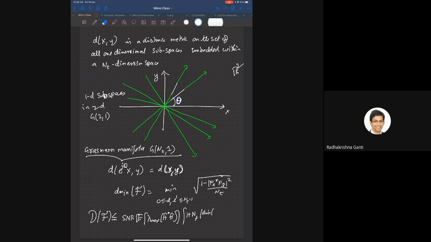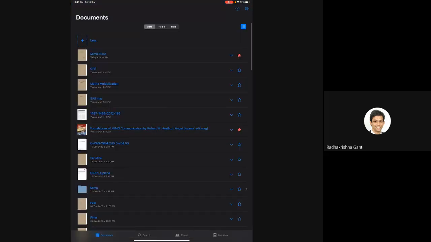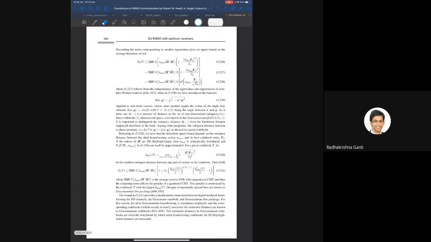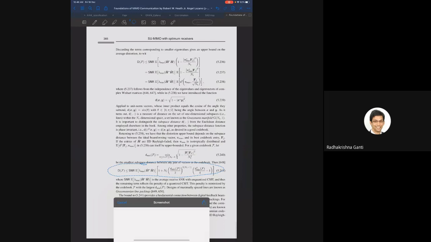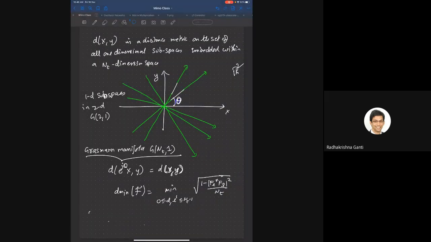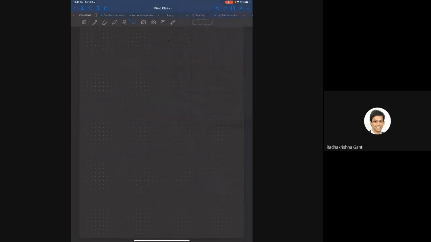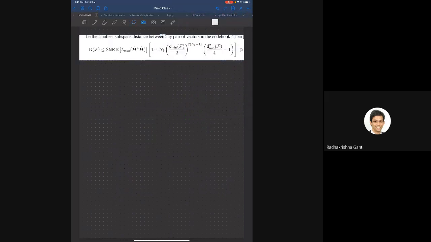You will just cut and paste that instead of writing this over. If you look at this, it is nothing but the SNR that you get because of beamforming.